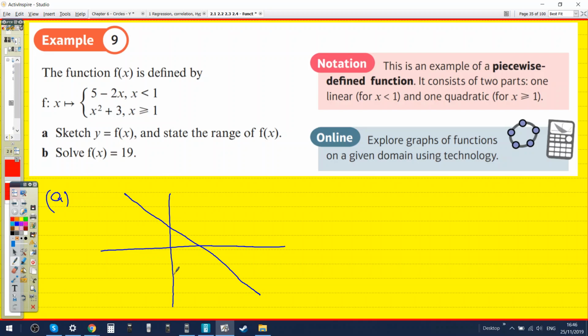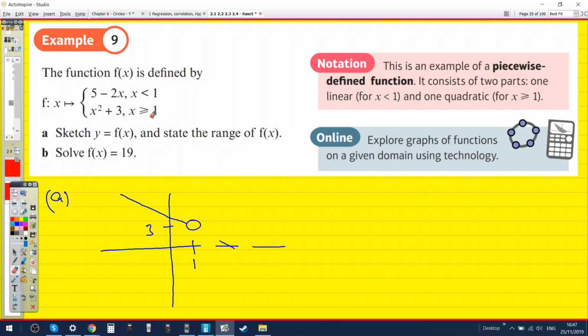We said that x can't be bigger than or equal to 1. So when x is 1, y is 3. So let's say that's there, and we would just cut it off there. And so that is when x is 1 and y is 3.